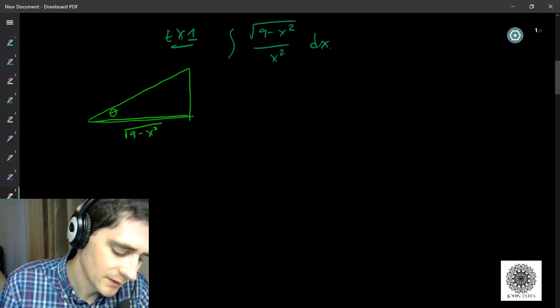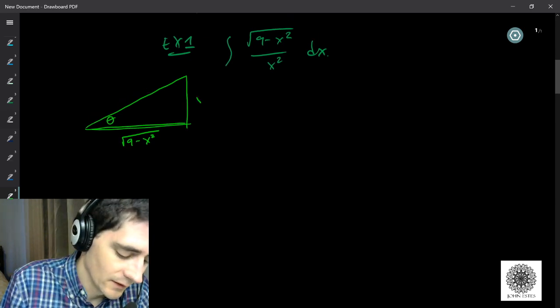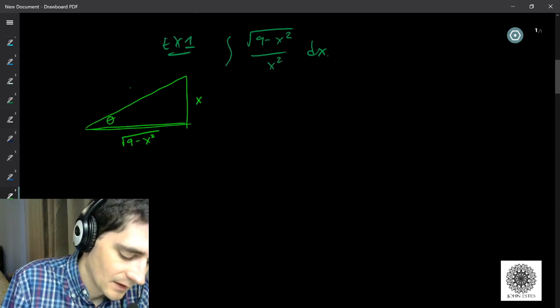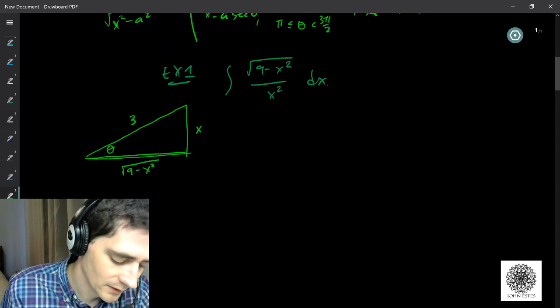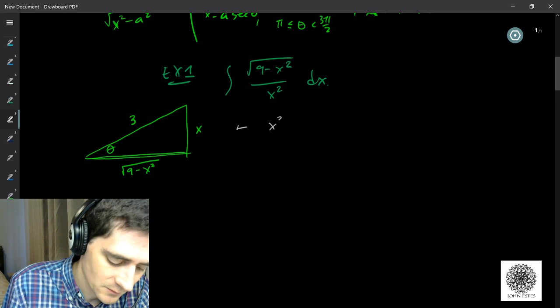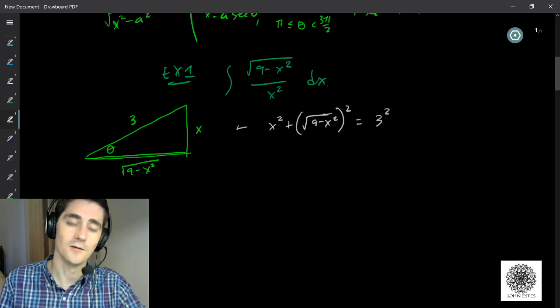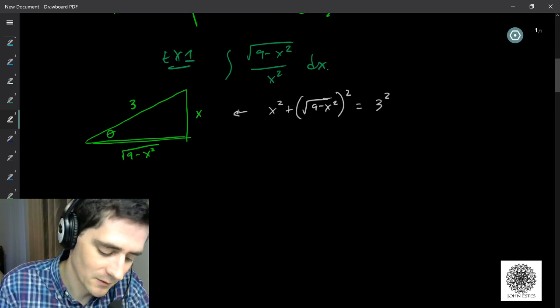The square root of 9 minus x squared is one side of that triangle. If that's the case, the other sides are going to be x and 3. And if you're wondering what on earth that's talking about, well look, x squared plus the square root of 9 minus x squared, squared, equals 3 squared. That's the Pythagorean theorem. It satisfies the Pythagorean theorem.